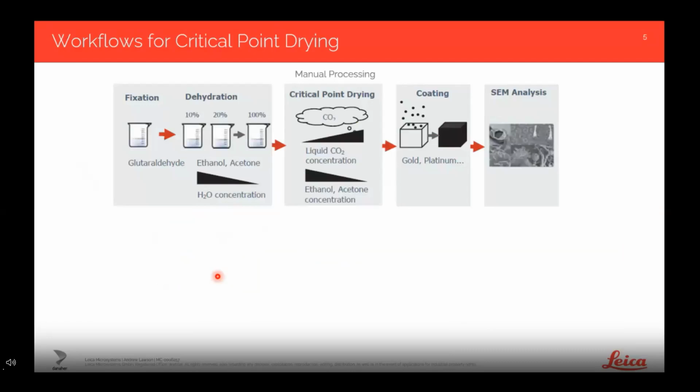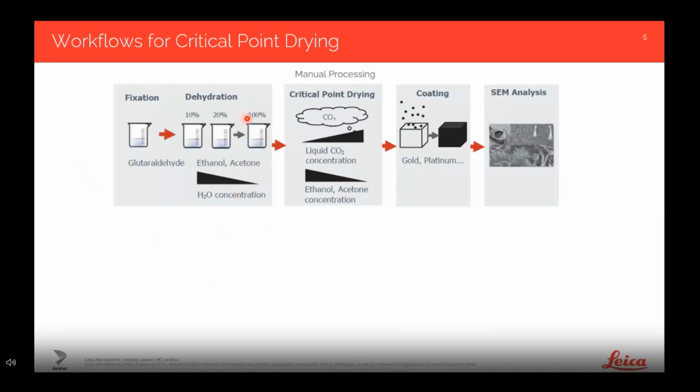Okay, let's talk about the workflow for critical point drying in a bit more detail. So typically, we will start with a chemical fixation, usually glutaraldehyde or paraformaldehyde. Then we'll do a dehydration series where we increase the concentration of our solvent, ethanol, for example, while decreasing the water content in our sample.